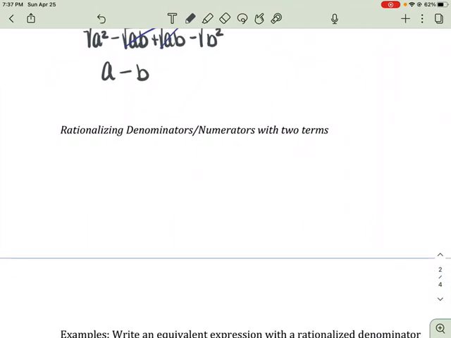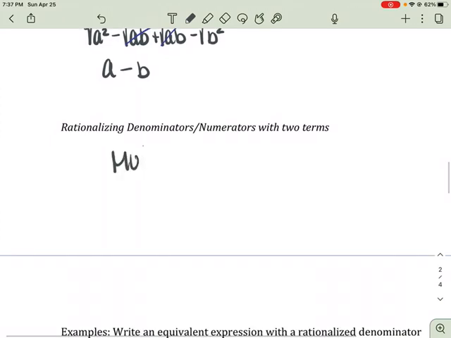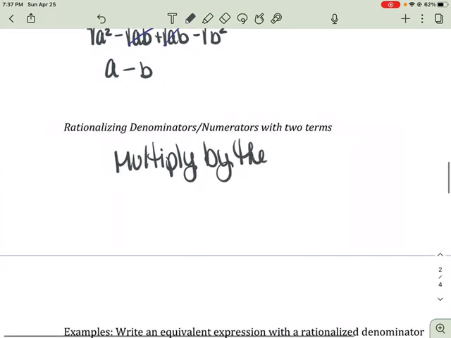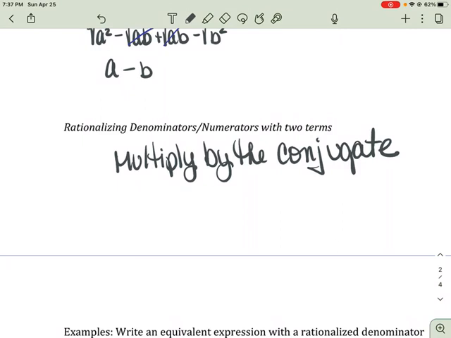When you rationalize denominators and numerators, okay, you're going to be multiplying by the conjugate. Okay. That's spelled wrong. Conjugate's like a 10-cent word there. And what do we mean by conjugate?